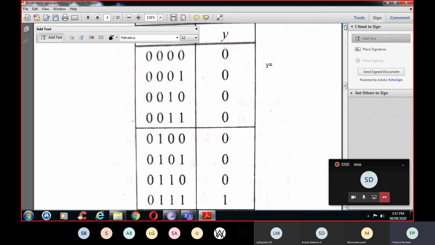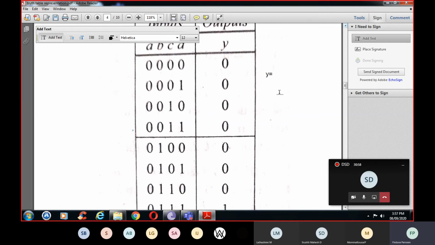What are the inputs they have given? It is A, B, C, D. So now 0 means it is A bar, 1 means it is B, this is C, this is D. So I'll be writing A bar, B, C, D.